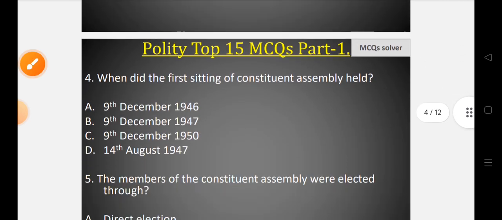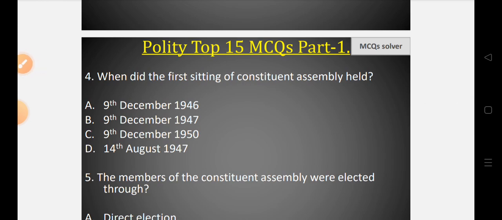Now let's move to question number 4. When was the first sitting of the Constituent Assembly held? Let's look into the options. Option A, 9th December 1946. Option B, 9th December 1947. Option C, 9th December 1950.